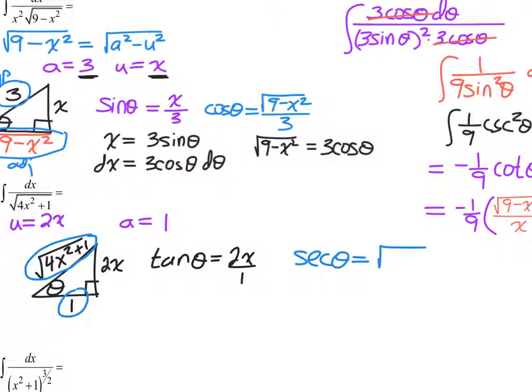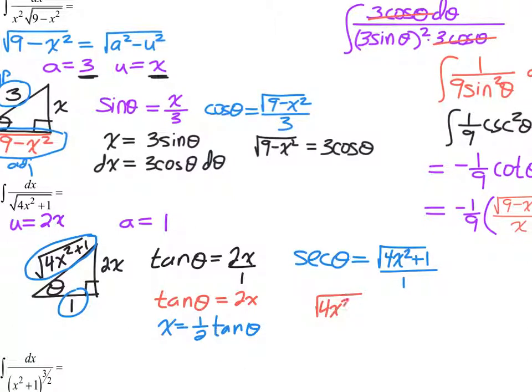Drew, I love your confidence. I said opposite over hypotenuse. So tangent theta is equal to 2x, which means that x would be equal to 1/2 tangent theta. For the secondary equation, we're just solving for the radical. The square root of 4x squared plus 1 would be equal to secant theta.